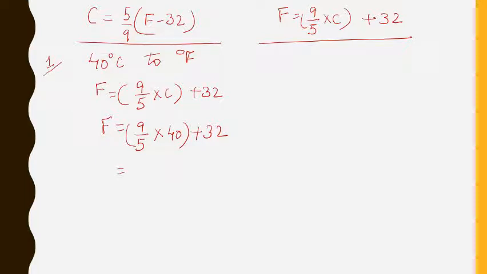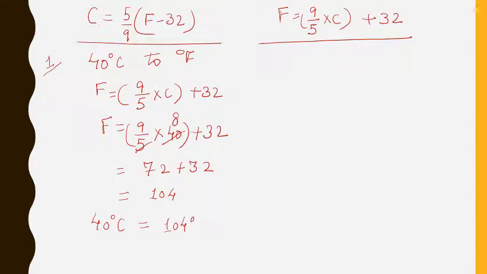It becomes 72 plus 32, which is 104. So we can say that 40 degrees Celsius is equal to 104 degrees Fahrenheit. This is the answer.